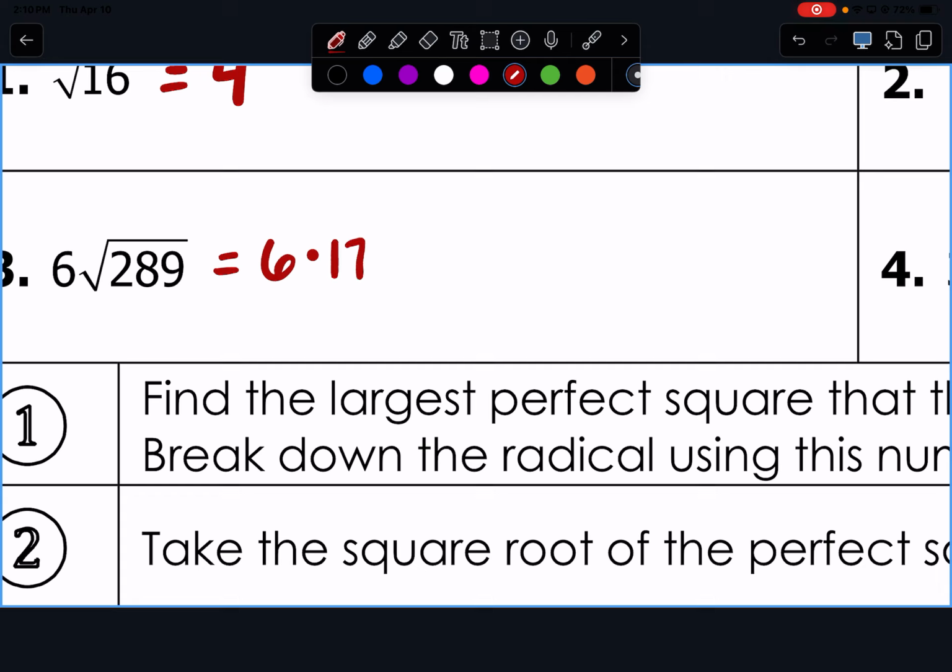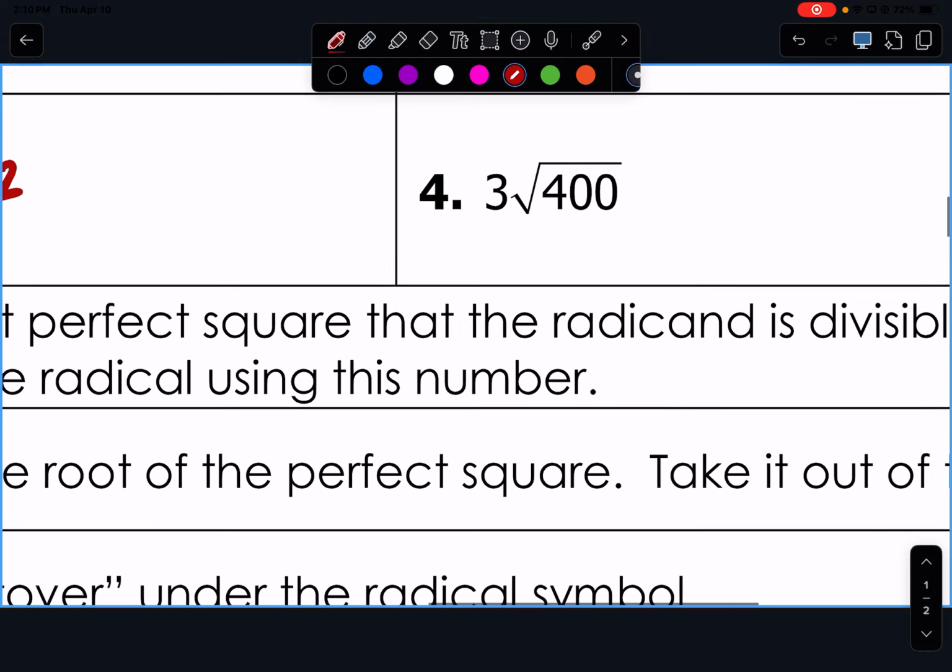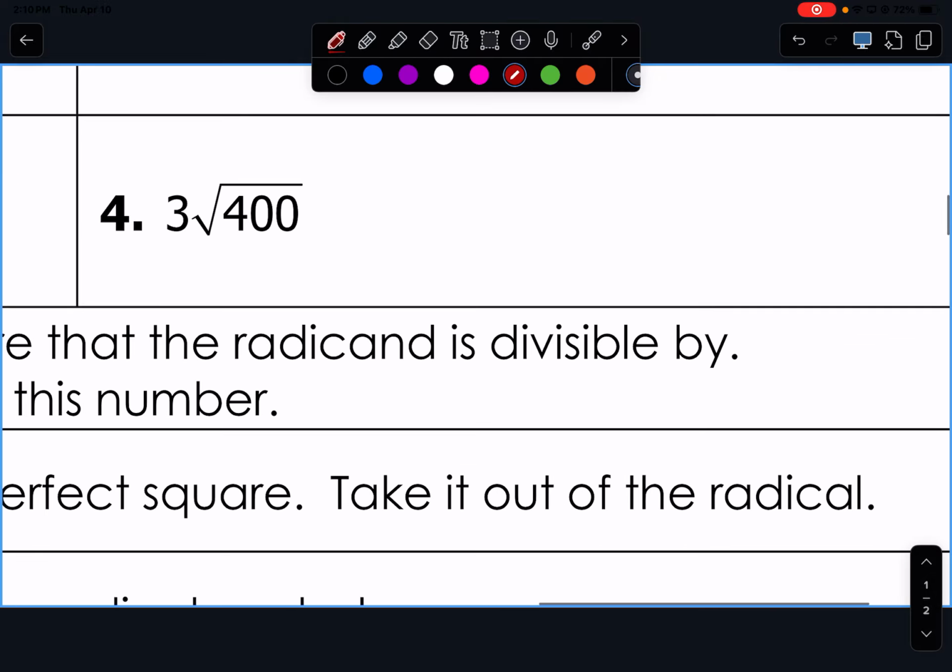So what is 6 times 17? 102. Then number 4, we have 3 times the square root of 400. So we get 3 times 20, which is going to give us 60, perfect.